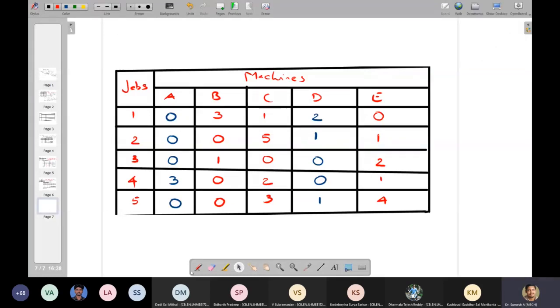So step number 3: select single zero rows.